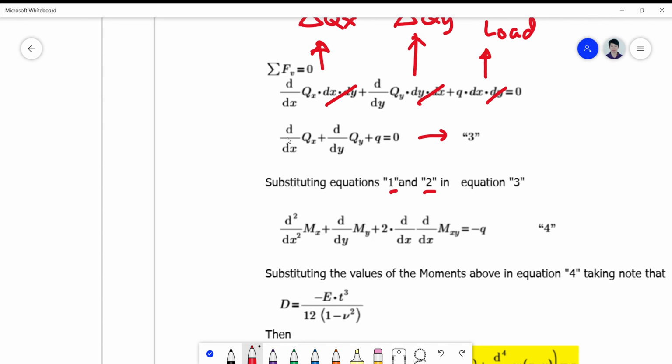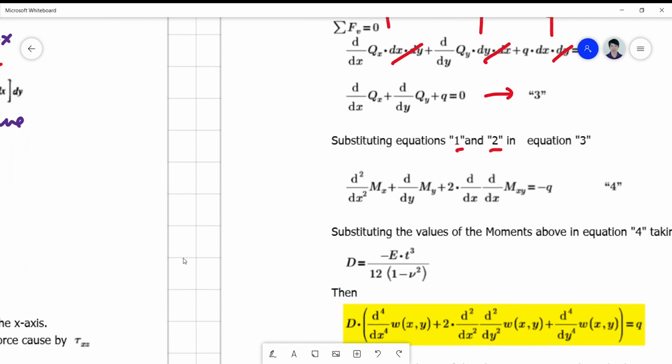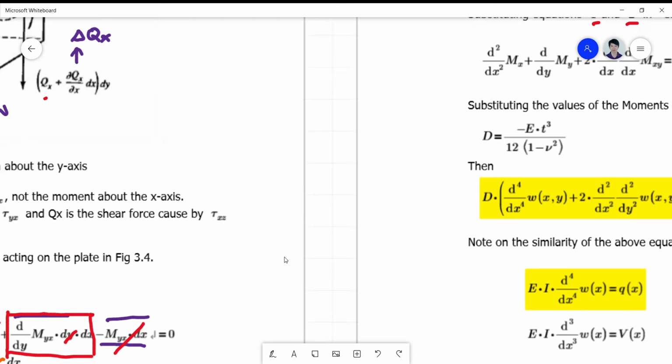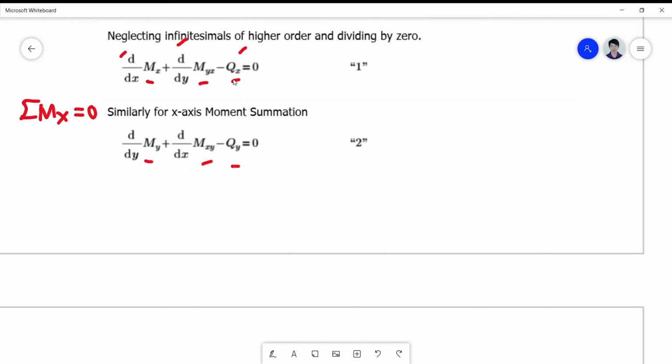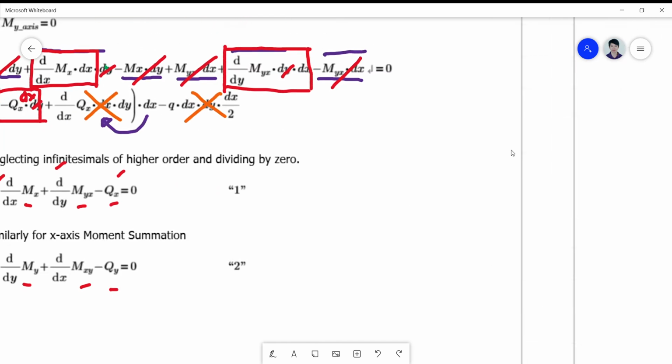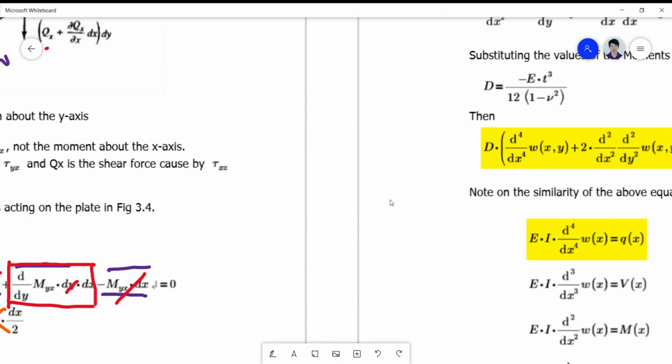the derivative of qx with respect to x, if we will substitute the value of q here in this equation, so it will yield this equation here.